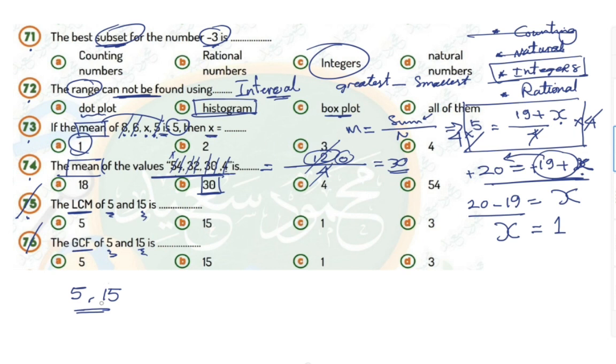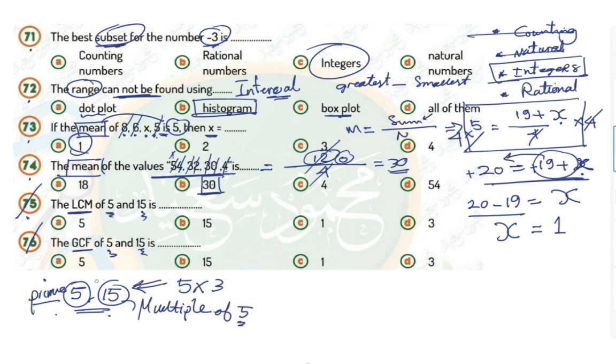In this case, one number is prime, and the other one is a multiple of 5. What's the meaning of a multiple of 5? That's 15 equals 5 times 3, right? That's why I have one prime and the other one is a multiple of the first.